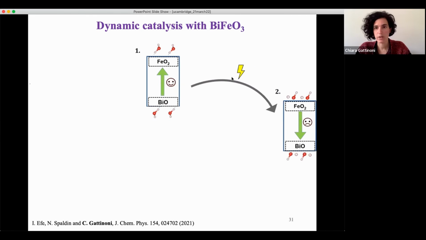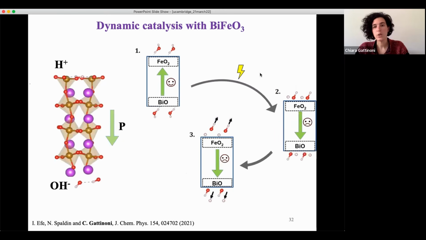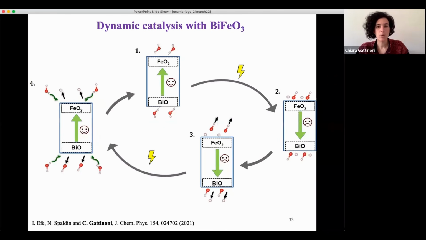If we switch the polarization and go to the unhappy system with the charged surfaces, the water dissociates, and not only does it dissociate, but the hydrogen will remain strongly absorbed onto the iron oxide surface, which is negative, and the OHs to the BiO surface, which is positive, and the rest will want to desorb. And when we switch the polarization again, there will be further desorption of the products and new water molecules come in.